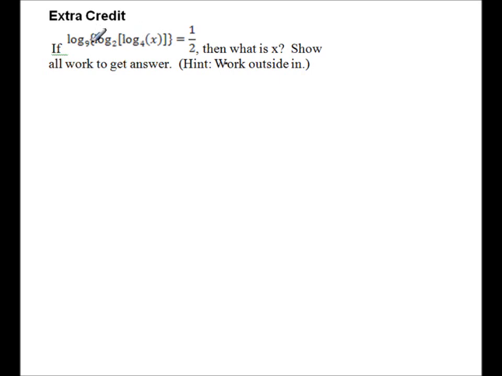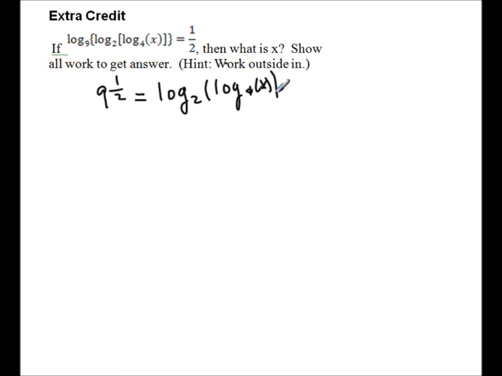So remember, if I can't do anything with the logarithmic form, what do I do? I switch it to the exponential form. So what I get is 9 to the 1/2 power equals log base 2 of log base 4 of x.